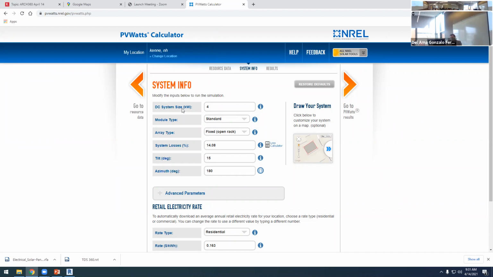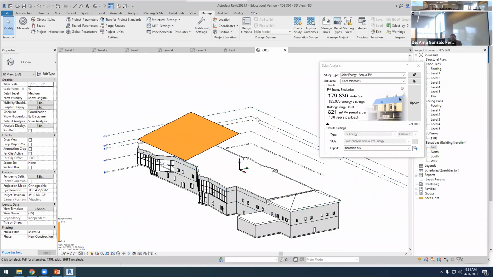And now how can we calculate the system size? Because here we are not talking about the area. We are talking about the system size. And this is something that I don't know what Revit does. Well, probably Revit, there will be an explanation, and they will take into account the watts per square meter that this PV panel or this PV array is producing.